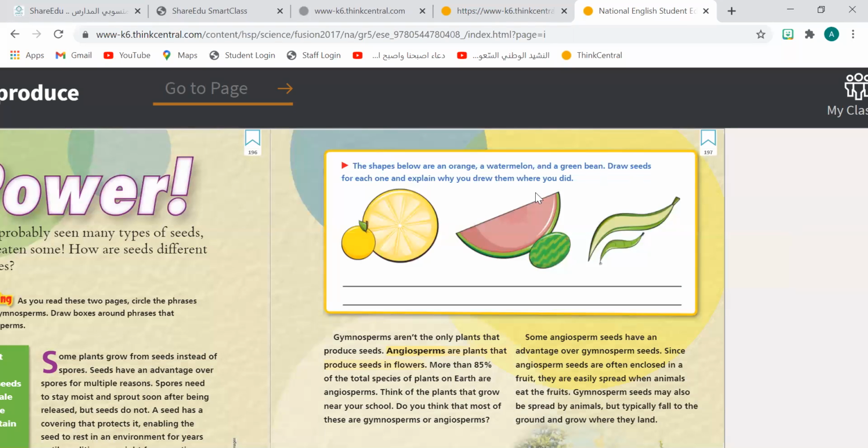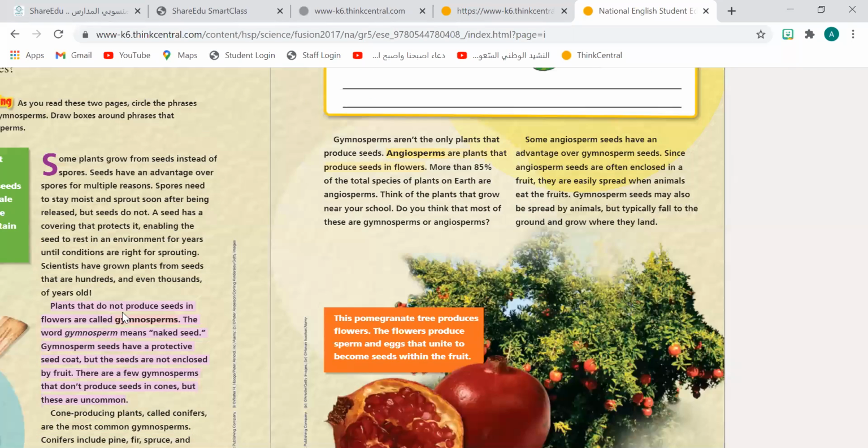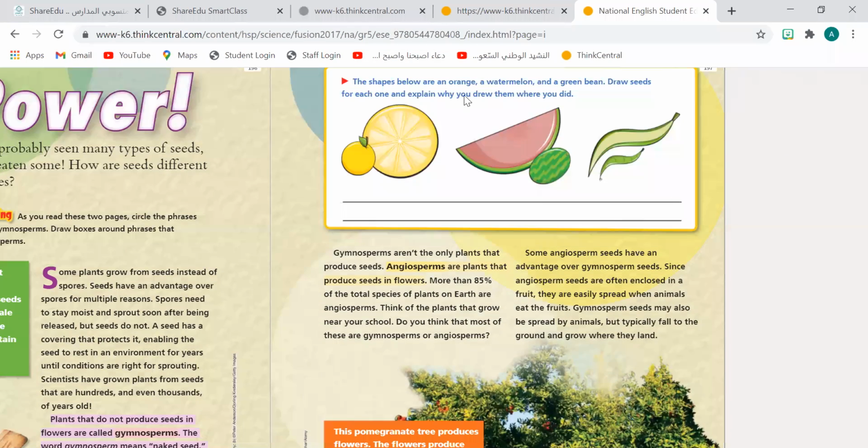Gymnosperms. Because they are inside? They're angiosperms. Yes, angiosperms. Why? Because they produce seeds in flowers, and then from flowers they become fruit. Excellent, excellent.